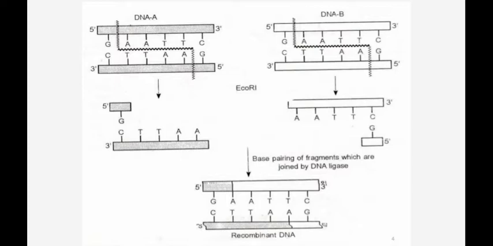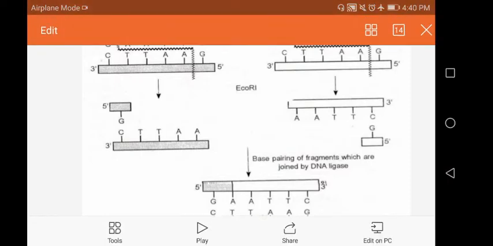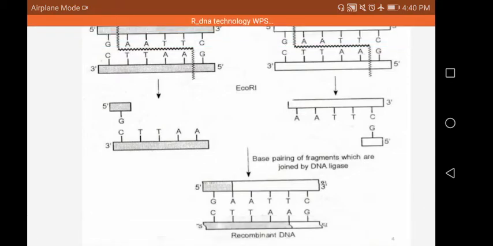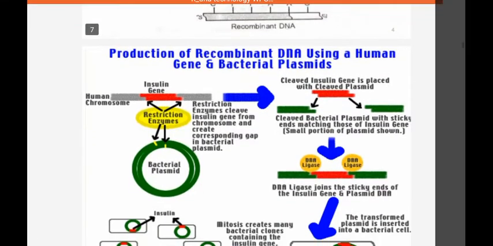See, this cutting is unequal. Okay, then these two are combined together to form a new recombinant DNA. You understood, I think.